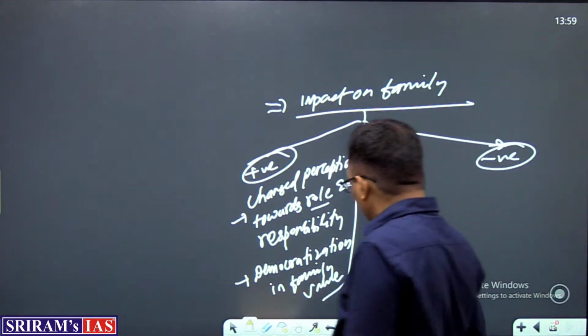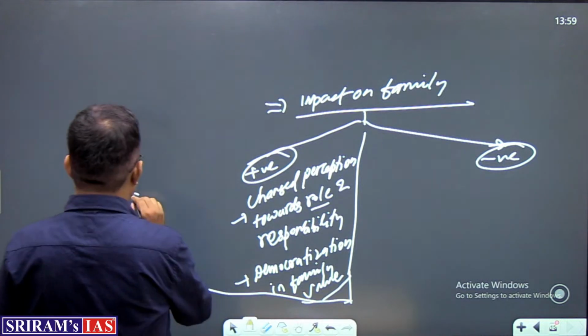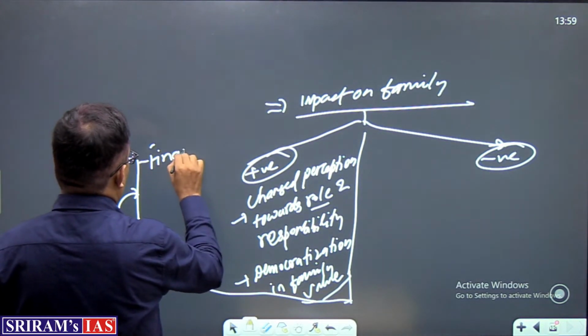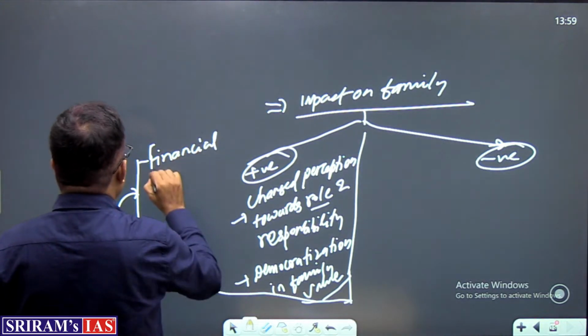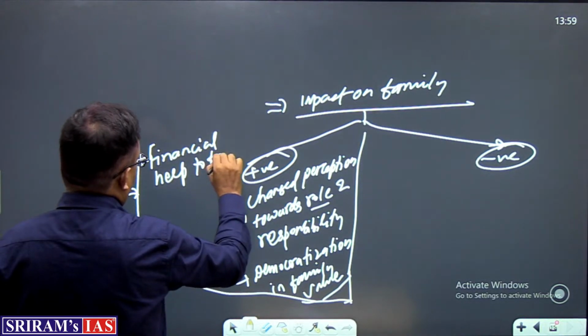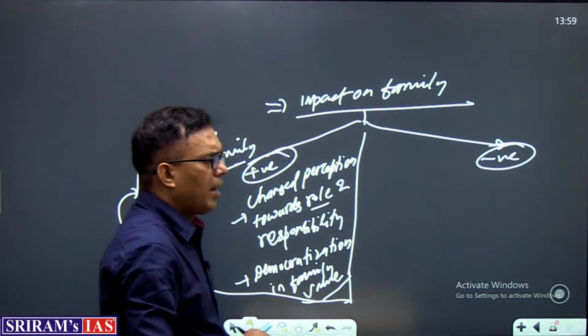Next one, financial help to family, because a good number of them are going outside and earning.